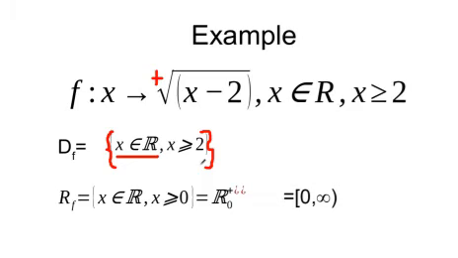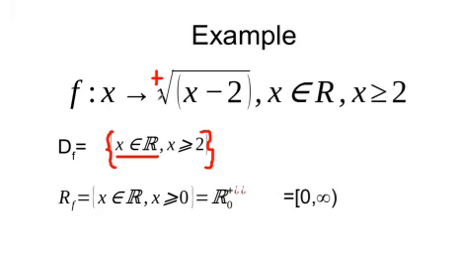The codomain can be the set R, it doesn't matter, but the range is a subset of the codomain. Range is the outcome that you get under the operation of f. So here, can you have any negative outcome? No, because we are only taking the positive value of the square root.